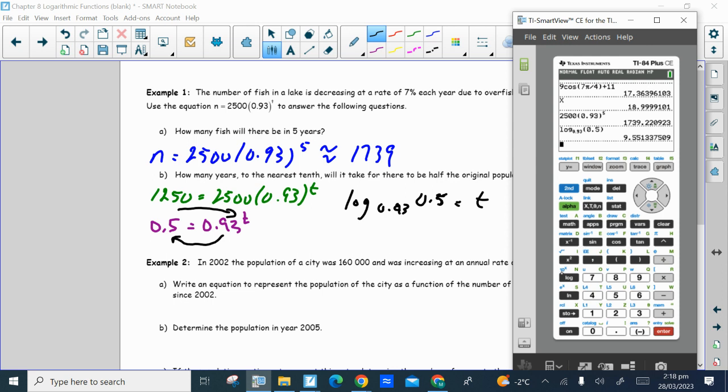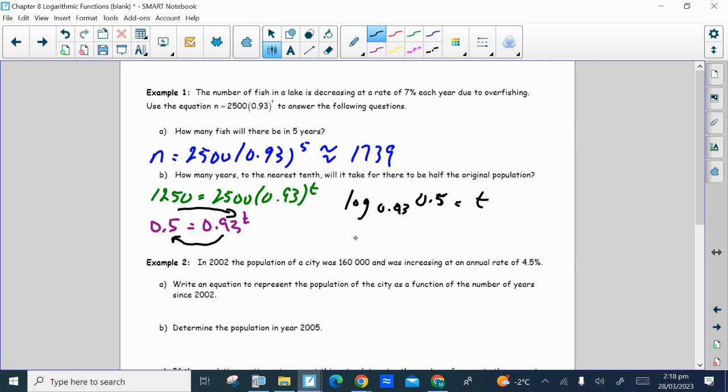Using the change of base identity, it would be the log of 0.5 divided by the log of 0.93. So remember, by using the change of base identity, you can use common logs. You can set the bases to whatever you want. But normally it's using common logs, so you can use a log key on your calculator. So approximately 9.6 years.